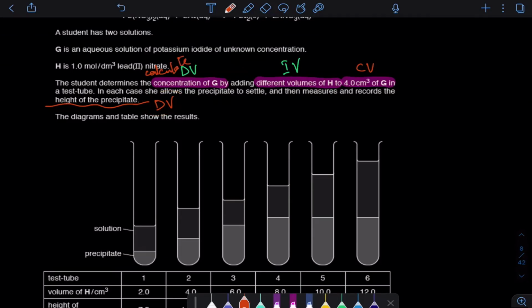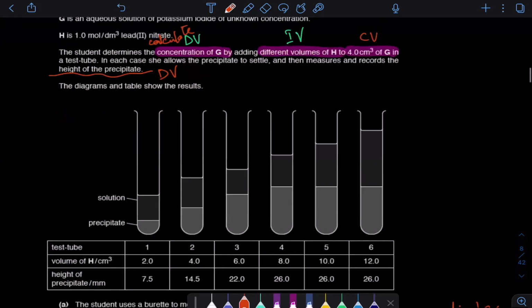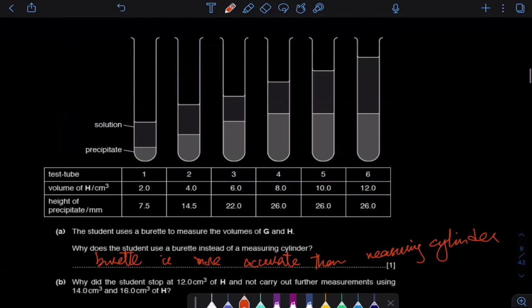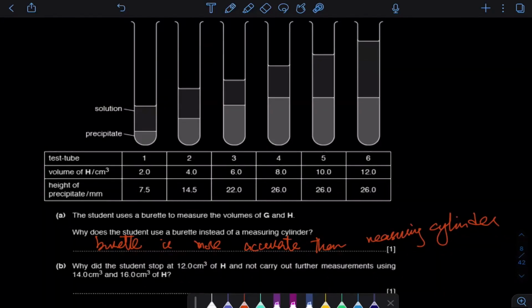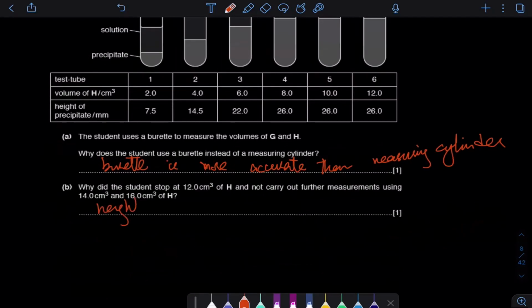So you see the difference? Just like in rate, we said volume was the dependent variable and rate was the calculated dependent variable. So just like this. The height has become constant, which means any other amount that he's adding is just in excess.